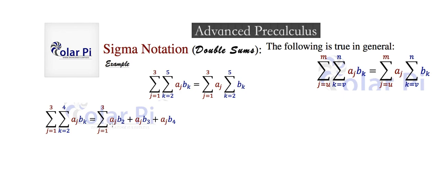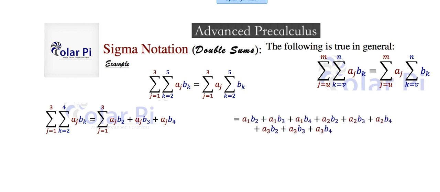When j equals 1, we'll have a1 b2 plus a1 b3 plus a1 b4. And then plus, when j is 2, we'll have a2 b2 plus a2 b3 plus a2 b4. Plus, finally, when j is 3, we'll have a3 b2 plus a3 b3 plus a3 b4. And so that'd be this.